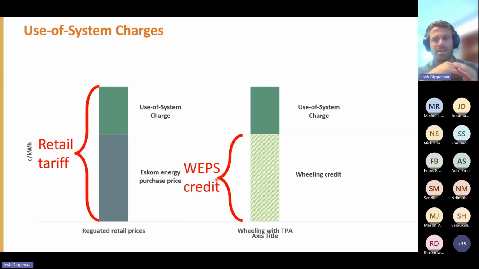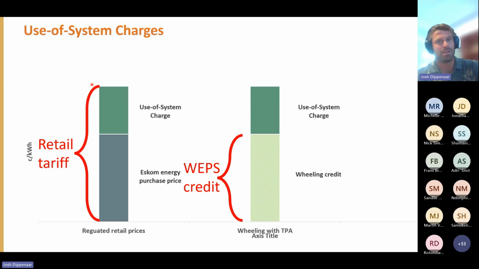So at the end of the month, Eskom sends a bill, and the bill will look exactly the same as it did before. Then Eskom sends a second account saying, oh, hang on, we see that there was this generator that sent X amount of kilowatt hours into your municipality. And so then they provide you a credit. They give you a minus sign, and I'll show you what a bill looks like. And then the municipality says, oh, great, so we'll pass that credit on to the customer.